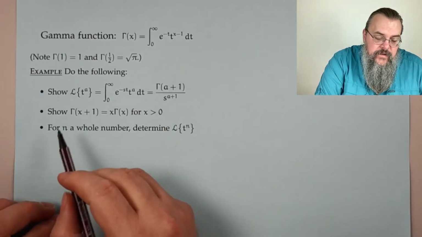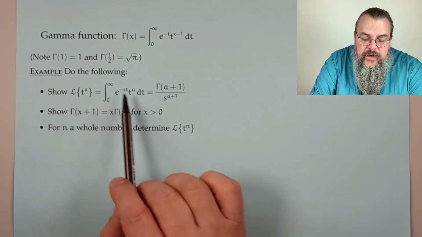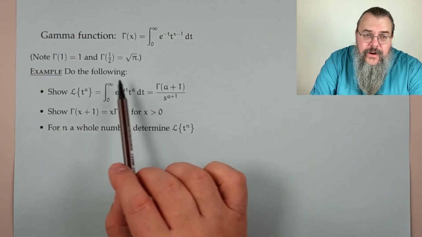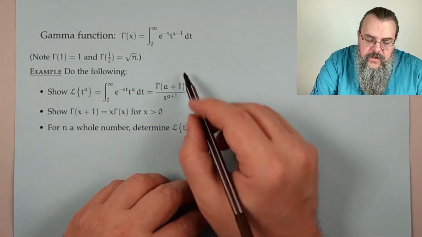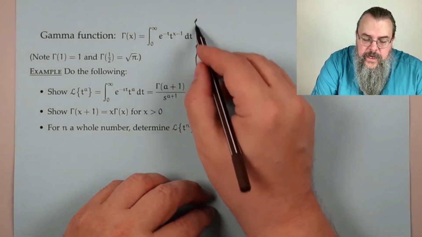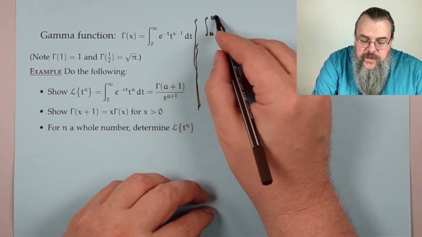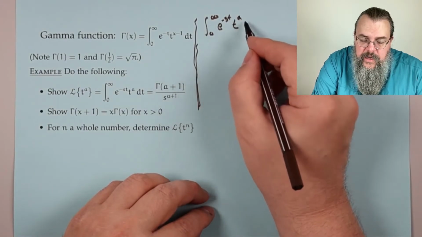Now, it started the process for us, right? Because what do you see here? This part is the definition of the Laplace transform. So let's start with this integral. We have our integral 0 to infinity, e to the minus st, t to the a dt.